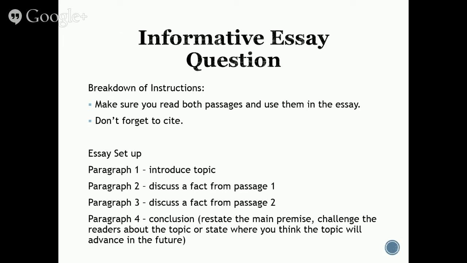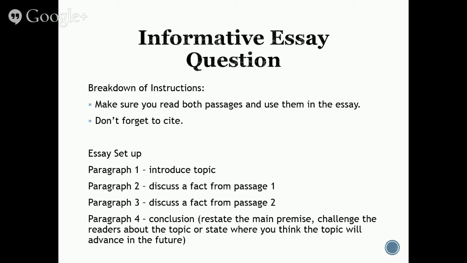My fourth paragraph is the conclusion. I'm just going to restate the main premise or what the main topic is of this essay. Challenge the readers about the topic or state where you think the topic will go in the future. This could be about 2 to 3 sentences.